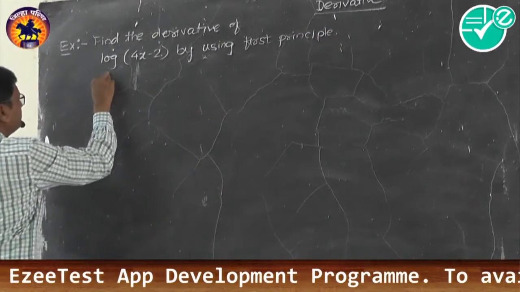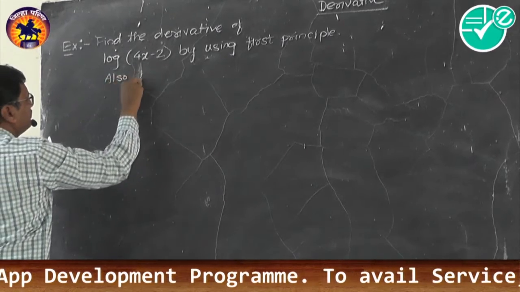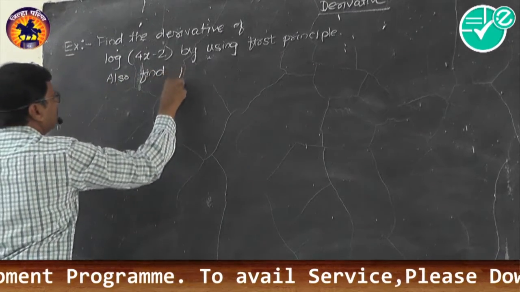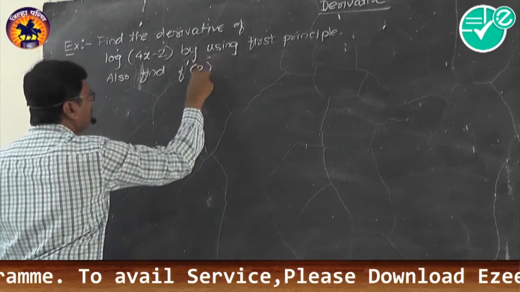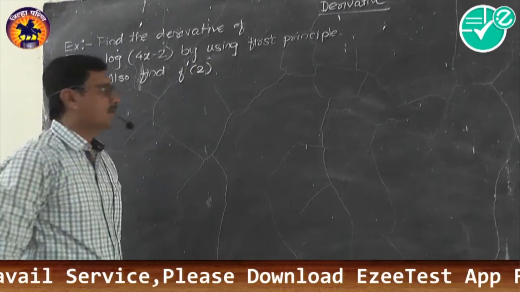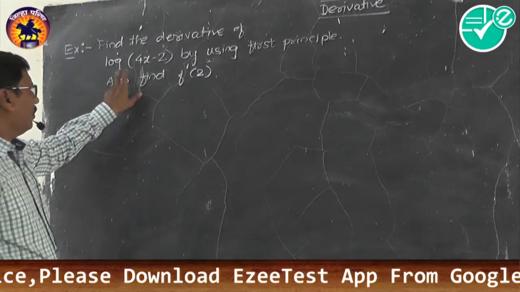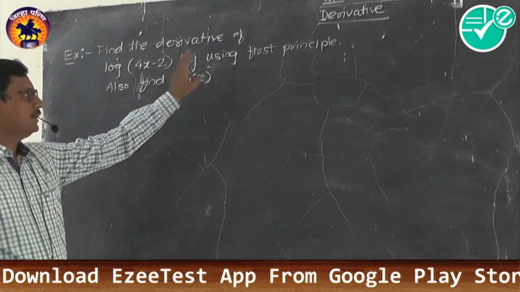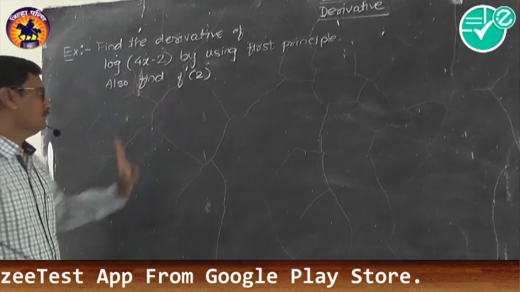Also find f dash of 2. Here we have to find the derivative of log of 4x minus 2, but it is by using the first principle.